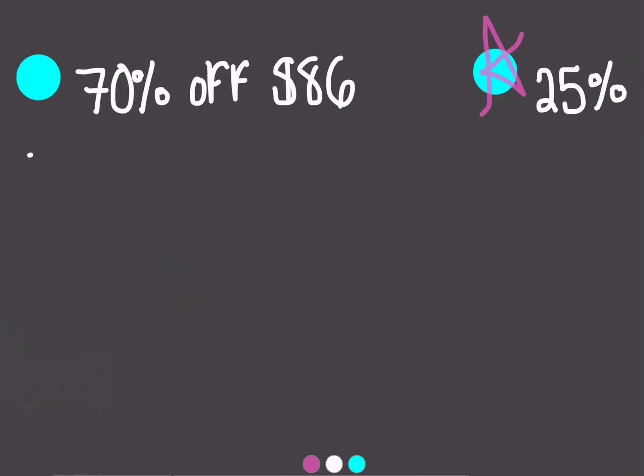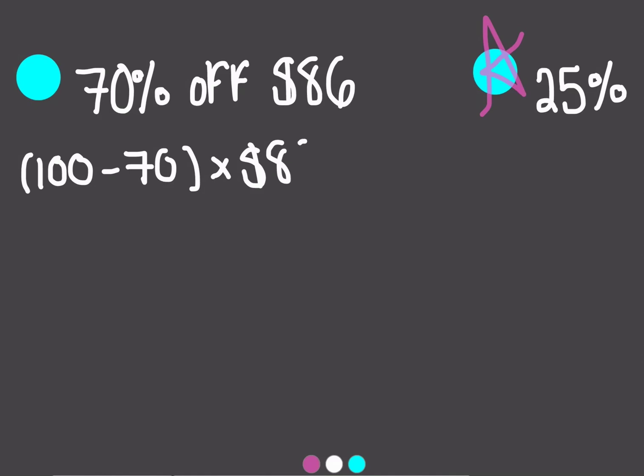I set it up as 100 minus 70 times 86 divided by 100. And what you're probably noticing is that whenever we're doing 100 minus 70, we're figuring out the percentage, which in this one is 30, the percent of the original price you're actually paying.